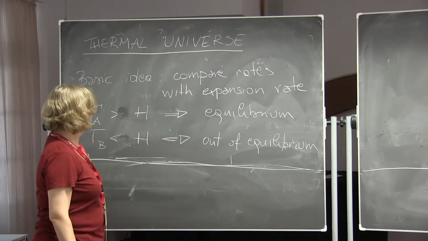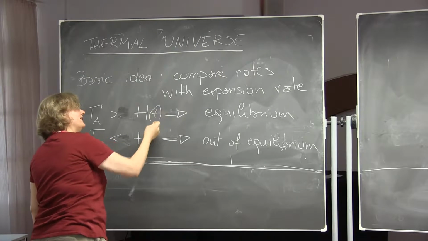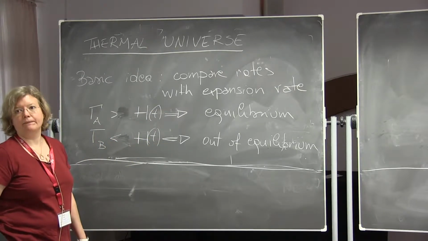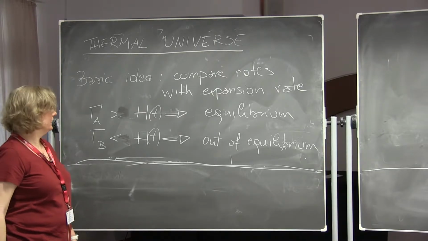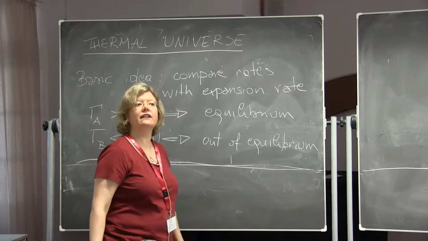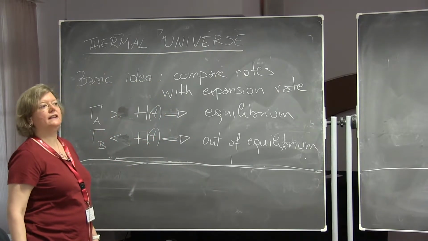Okay. Now, all of us know that we have a time dependence in the Hubble parameter. In practice, the Hubble parameter is decreasing with time, so it goes like 1 over t.